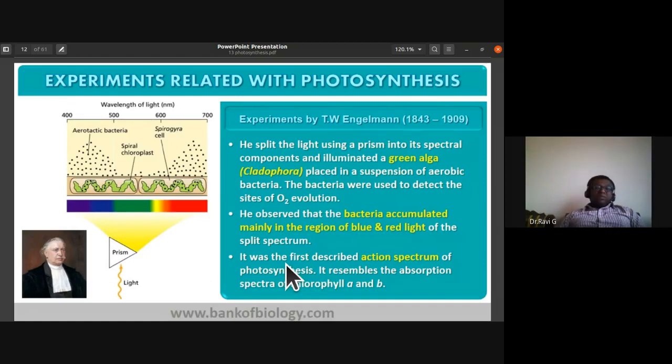He was the first to describe the action spectrum of photosynthesis. It resembles the absorption spectra of chlorophyll A and chlorophyll B. So he was able to show that whenever the bacteria were exposed to the wavelengths of light that he had obtained through a prism, in the Cladophora they grew only in the blue and red light, because there was accumulation of aerobic bacteria only at the blue and red light spectrum.